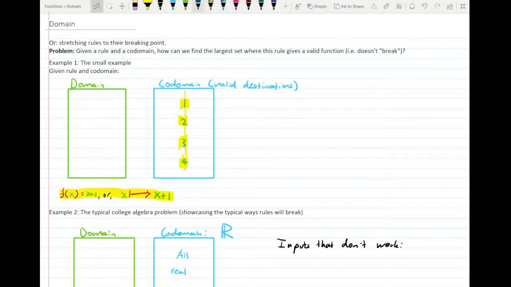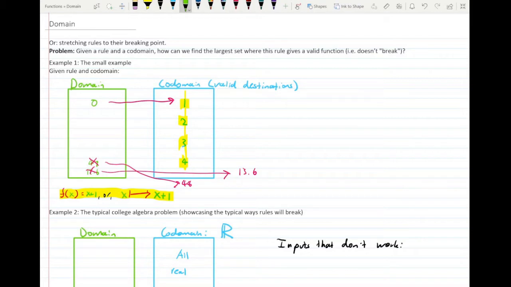Now notice that 0, for example, is allowed to be in this domain because under this rule it maps to 1. But something like 47 or 12.6 would both not be valid because they would map to 48 and to 13.6, which are not in this target codomain.